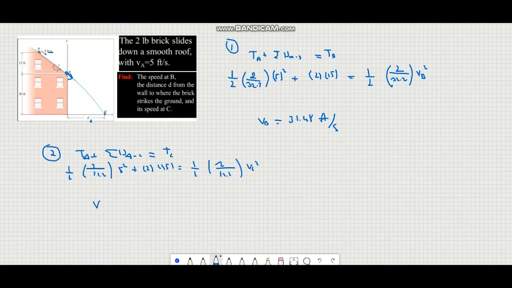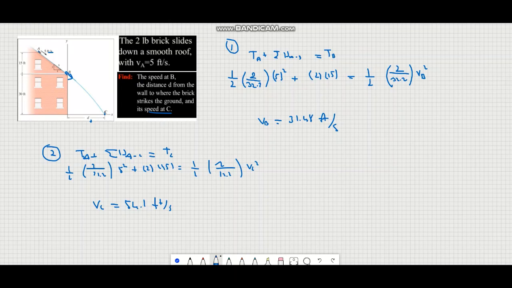If you do this calculation, you will find the C velocity is 54.1 feet per second.